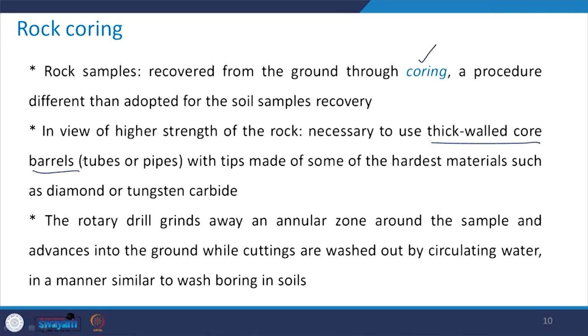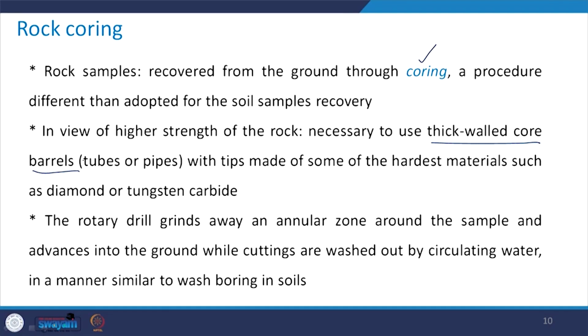These are tubes or pipes, and they have a tip which is made up of some of the hardest materials such as diamond or tungsten carbide. Can you recollect the Mohs hardness scale? The hardness of diamond on the relative scale was 10.